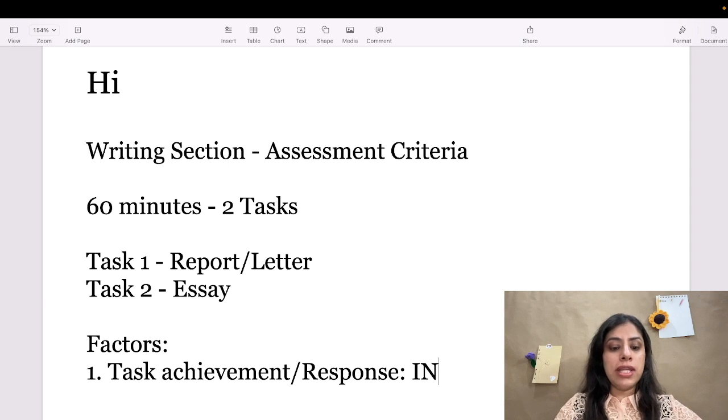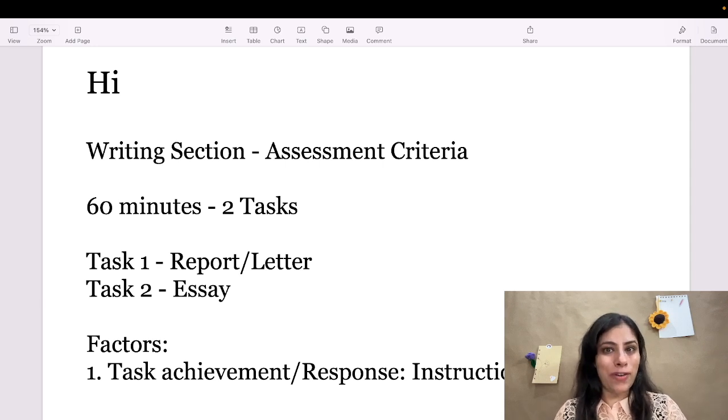The very first thing is your instructions. Make sure that you read your instructions again and again. Sometimes in the essay questions especially, your instructions might demand an additional paragraph. So make sure that you are well acquainted with the instructions and divide your structure accordingly.